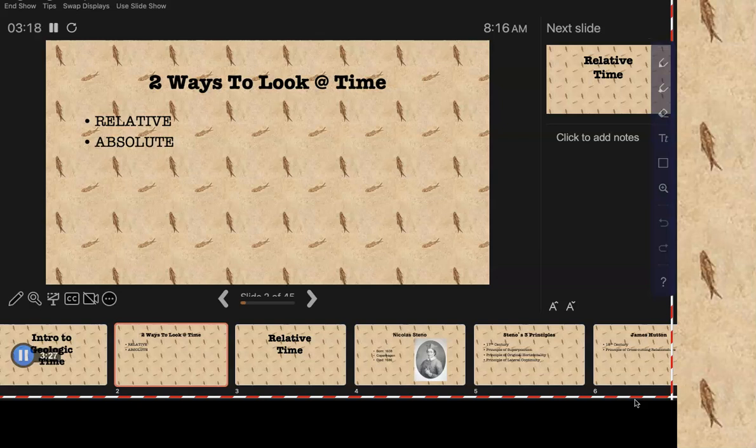Which one do you think we could do first? Yeah, relative. Okay, because the other one, I don't want to say it takes more science, but it certainly takes different science, more advanced science. That's the one that uses the chemistry, going in and looking at the radiation being emitted and so on and so forth.